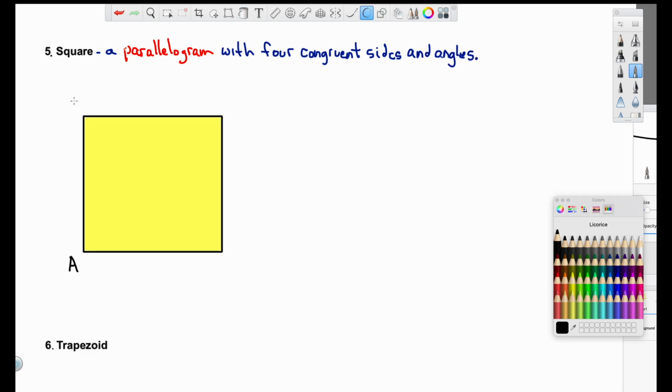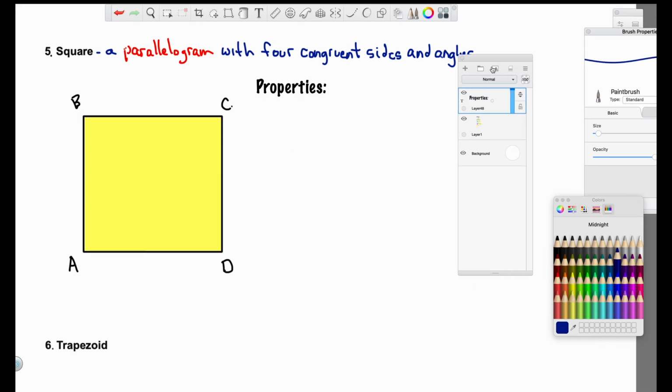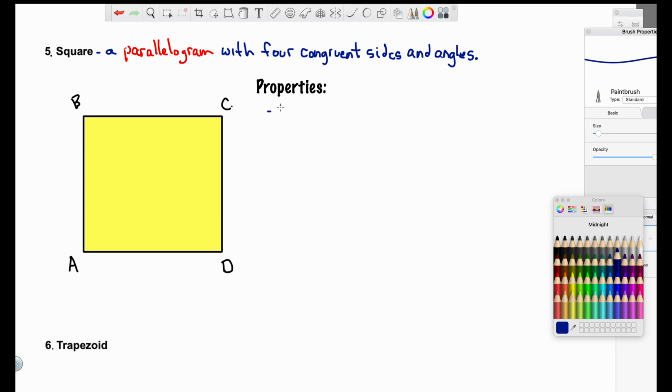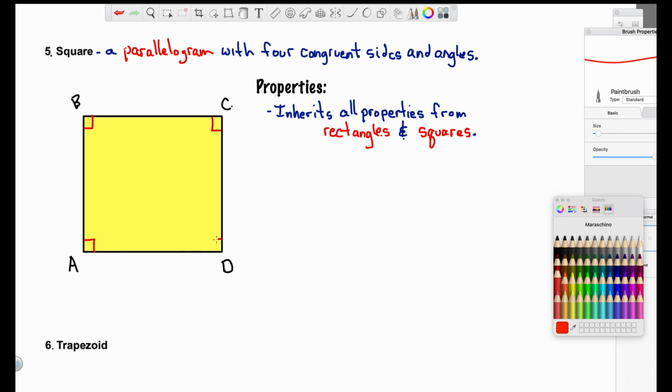So let's sketch that up. So rectangles give us the 90 degrees, and the rhombus gives us all the sides are congruent. So that's what we're inheriting here.